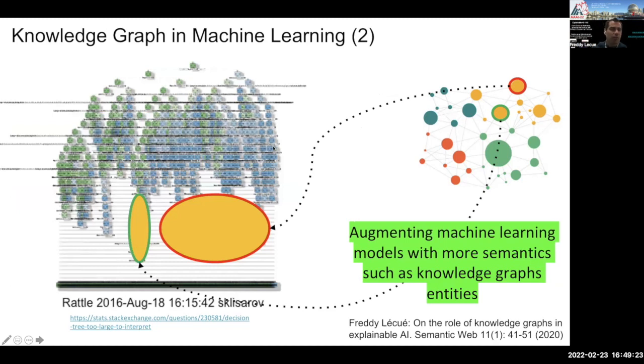The same way, I mentioned the input and the output, you can also augment the model itself. Here, the decision tree is huge, too large to be interpreted. What if you can summarize it and provide much more semantic representations in a graph? And again, you may ask what that graph structure brings. Well, it brings you relationships, maybe a way to reconnect outputs.